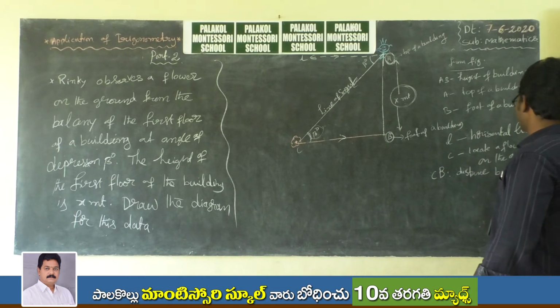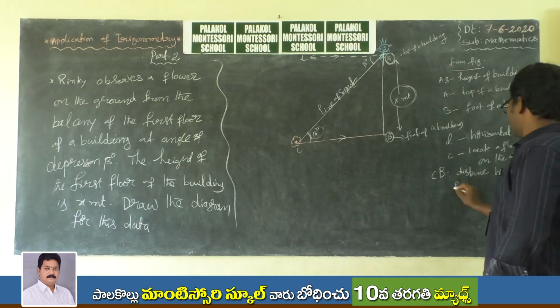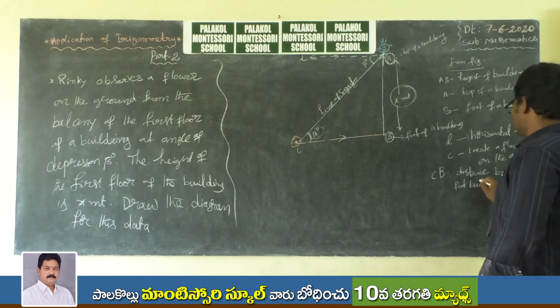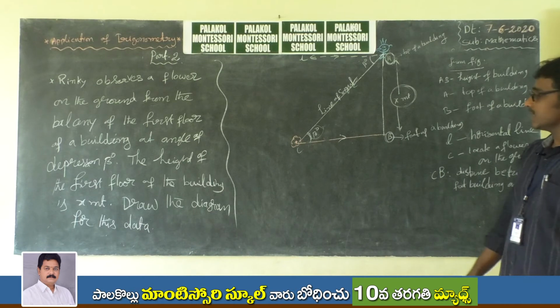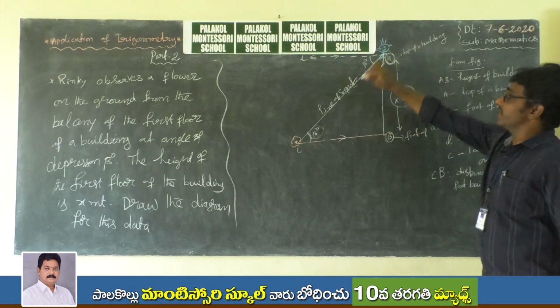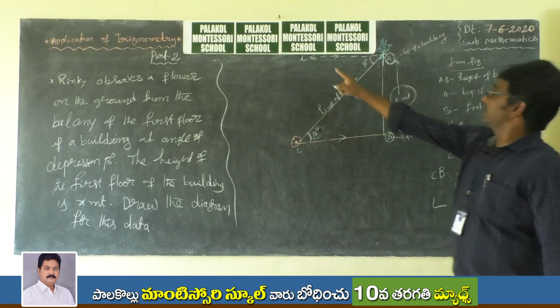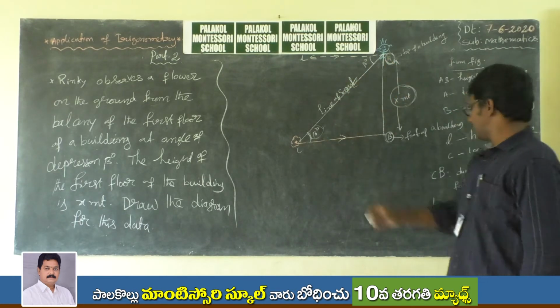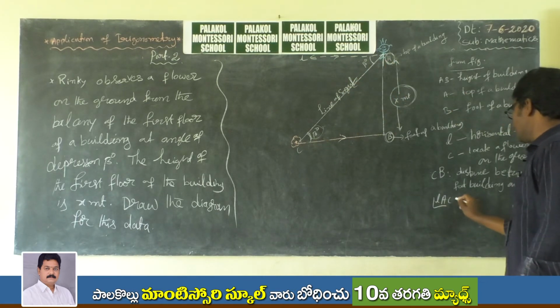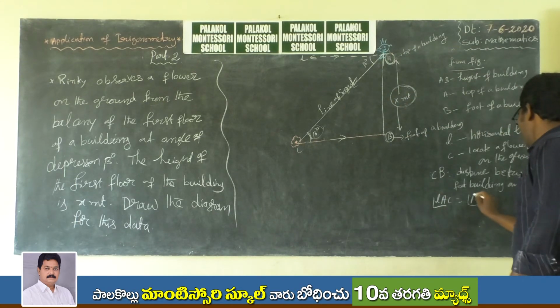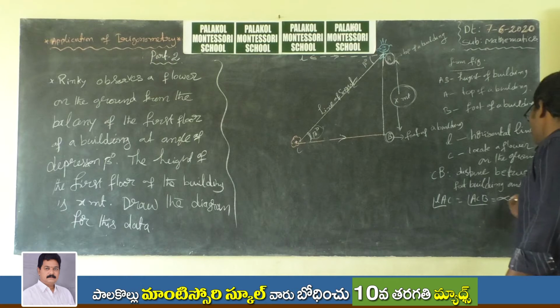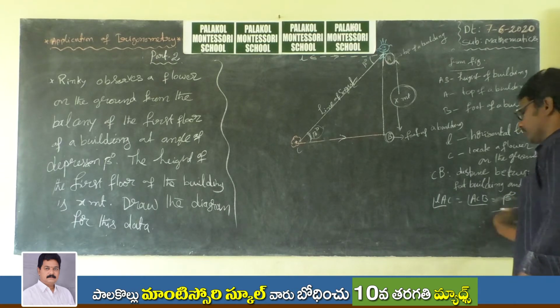Next, write the angle of depression: angle LAC is equal to angle ACB, which is equal to beta degrees.